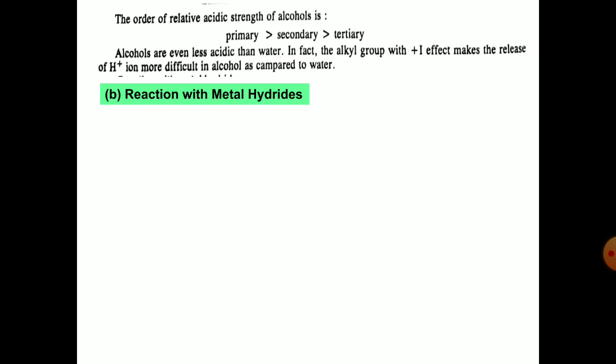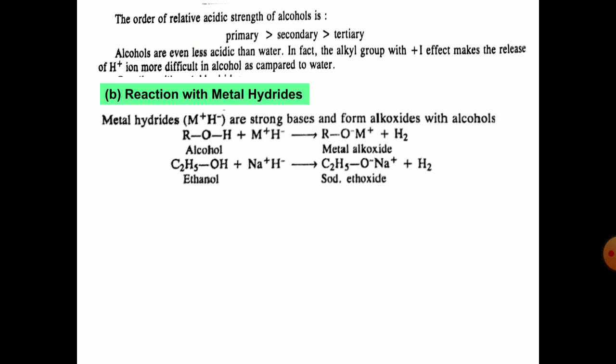Then the reaction with metal hydrides. Metal hydrides are strong bases and form alkoxide with alcohol, because you know that alcohol is an acid and we have to react it with a base. So metal hydrides are bases. So acid plus base is equal to salt plus water. So ROH plus MH, M+ H−, because it is a base.